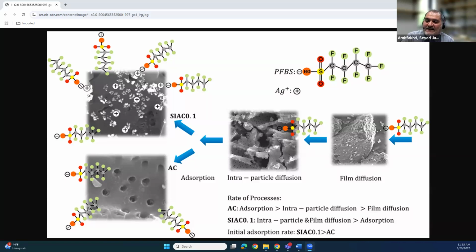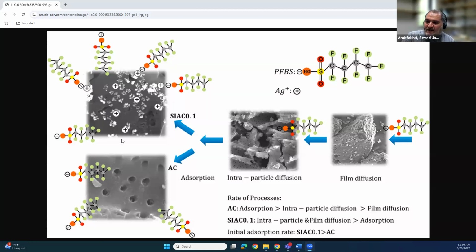So as you can see here, for the nanomaterial activated carbon with silver, we have two methods to remove PFAS. One method is by this negative sulfonic tail, this one and this one, and the other one is by the fluorinated tail to the activated carbon.